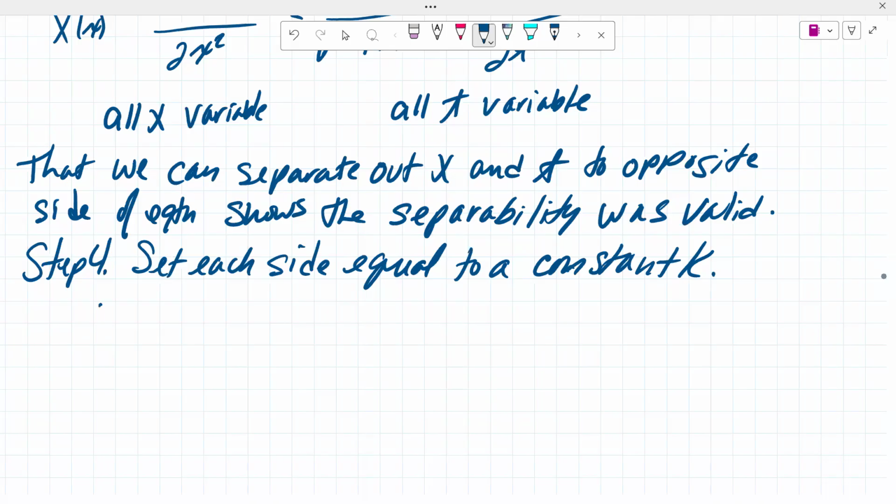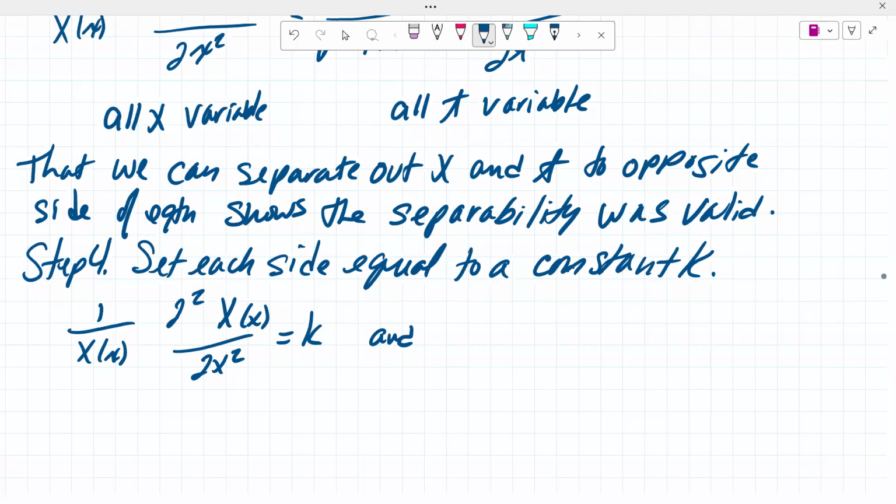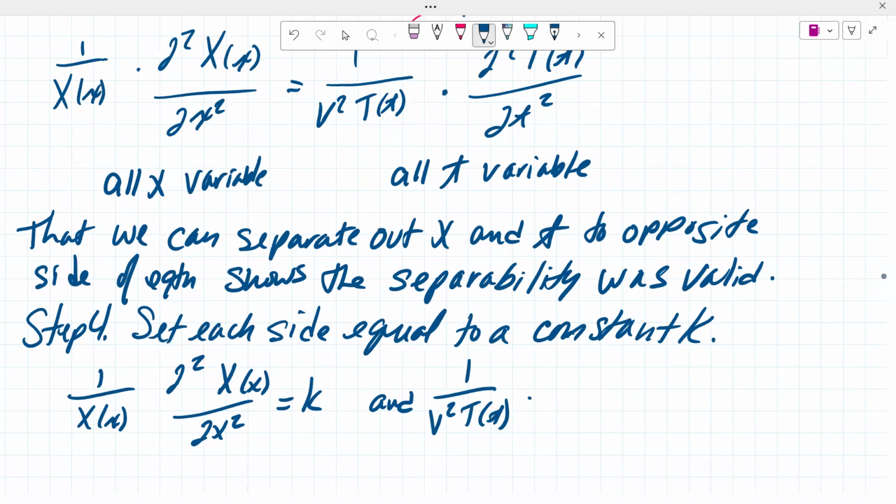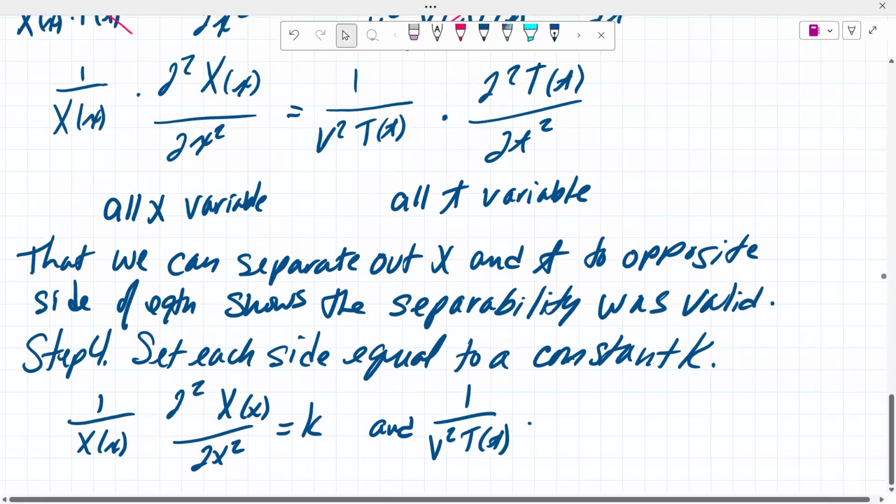So we're going to have 1 over X(x) times d squared X(x) over dx squared equals k, and 1 over v squared T(t) times d squared T(t) over dt squared equals k, pulling along from what's up here.